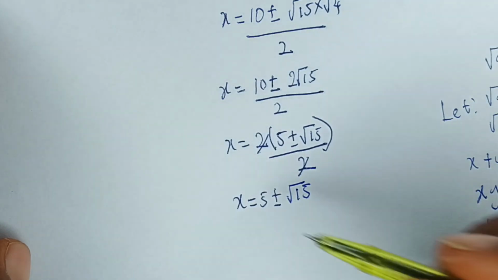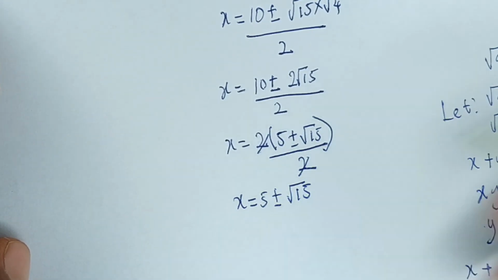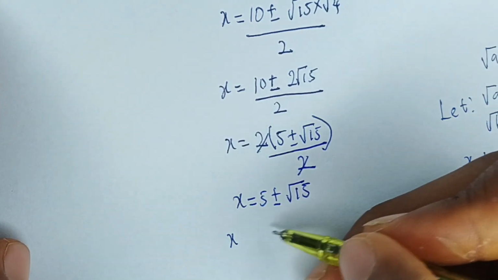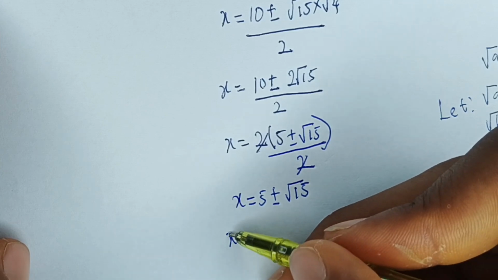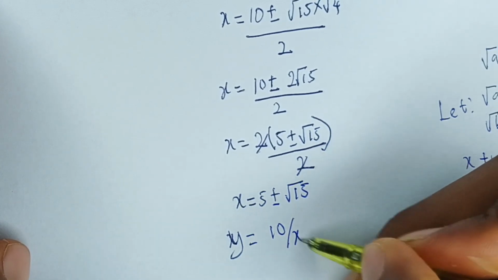Now recall that x times y is equal to 10, meaning that y is equal to 10 over x.